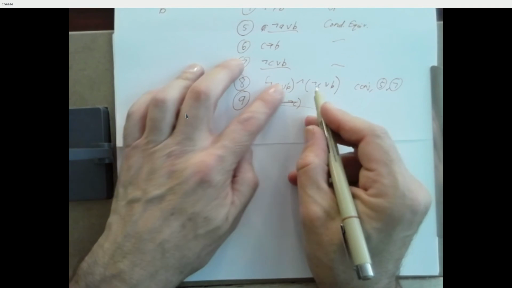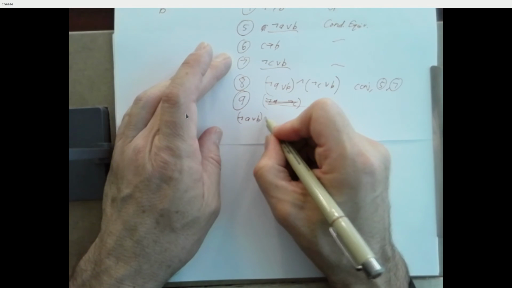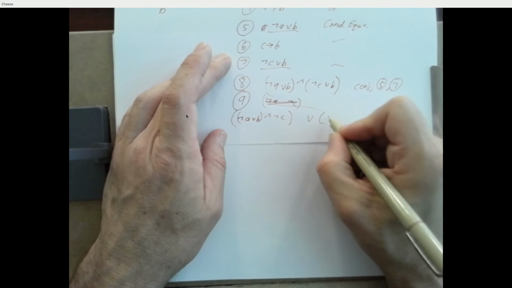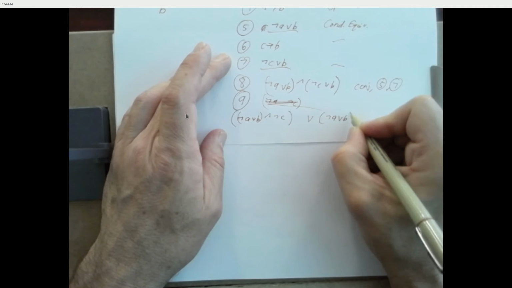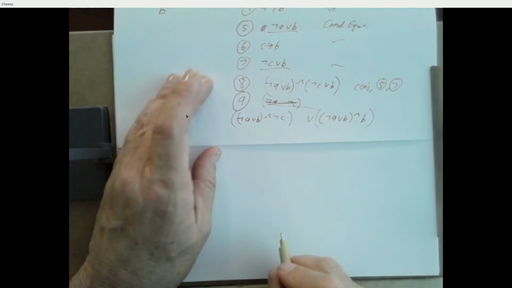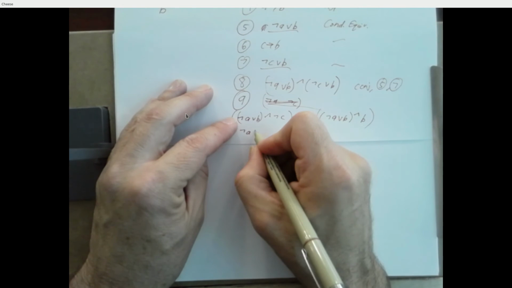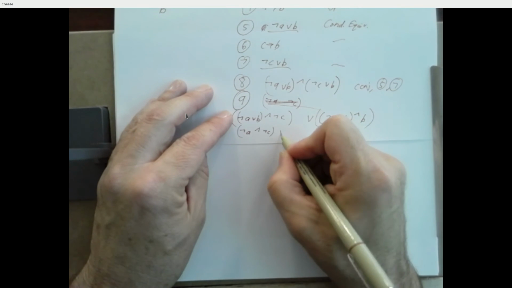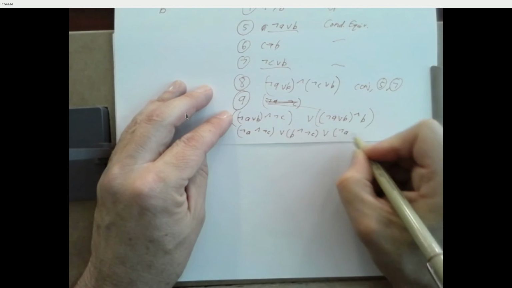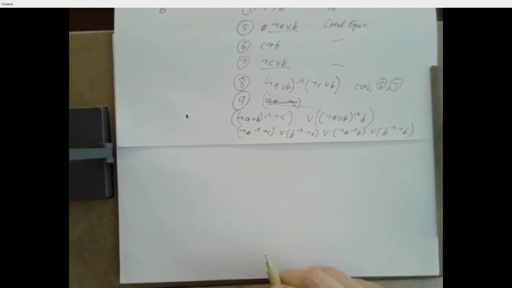So this thing ANDed with this. So not A or B, ANDed with not C or B. And that's ORed with not A or B, ANDed with B. And so this is not A and not C, or not A and B, or B and not C, or B and B. Got a better idea?